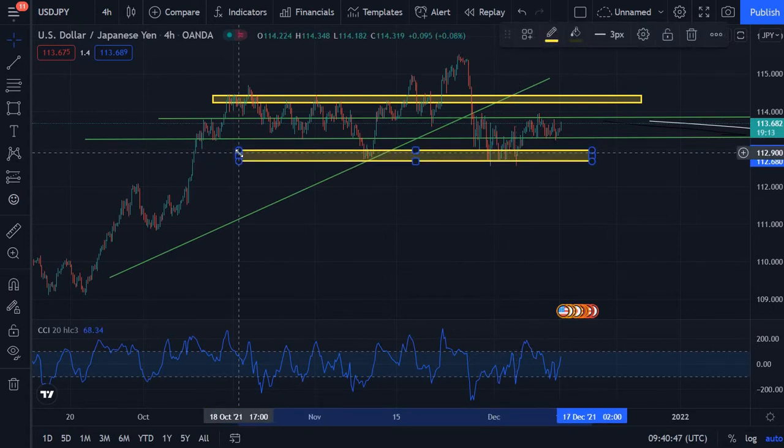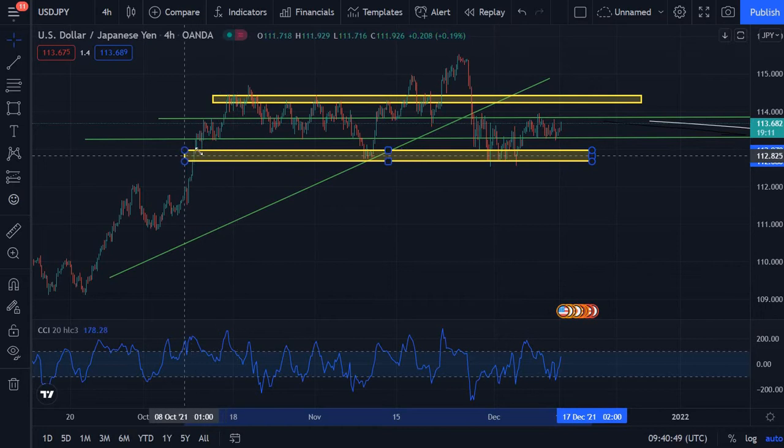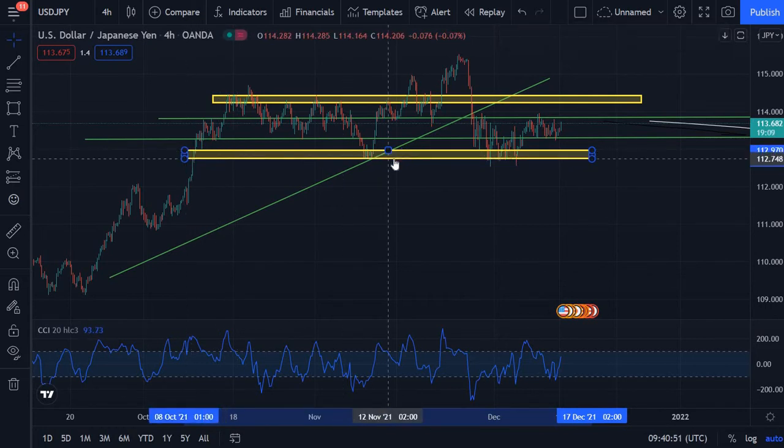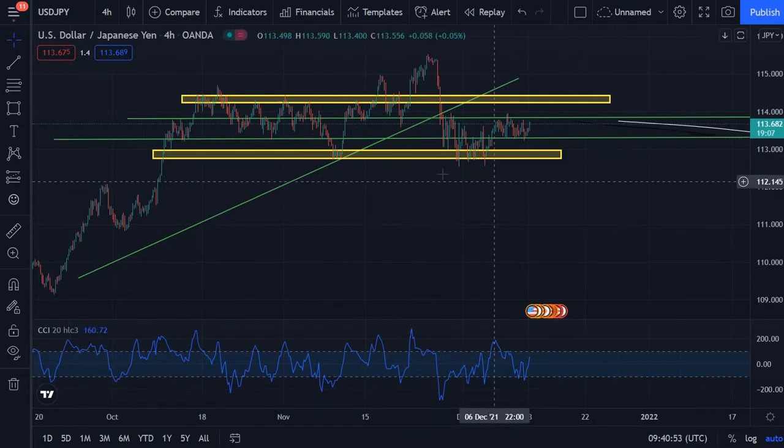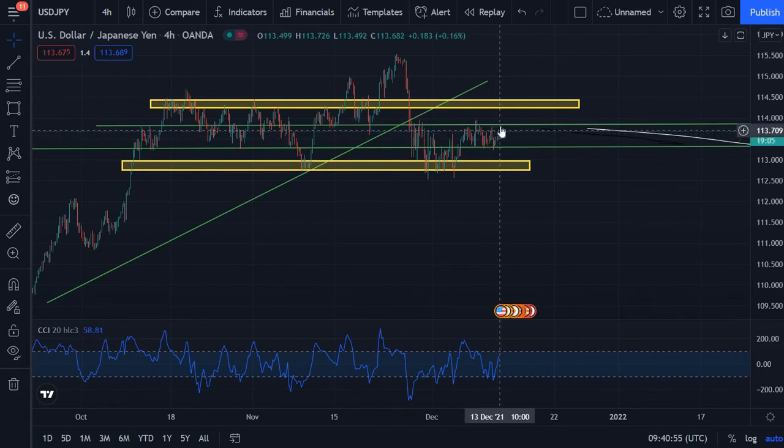Somewhere, something like this. So here is a smaller kind of resistance line that we are heading to.